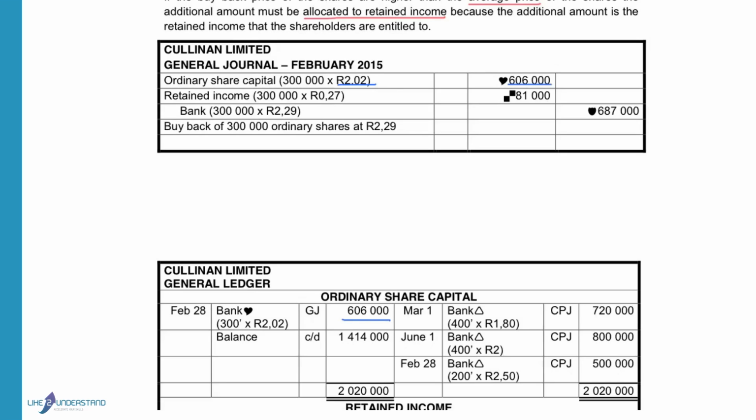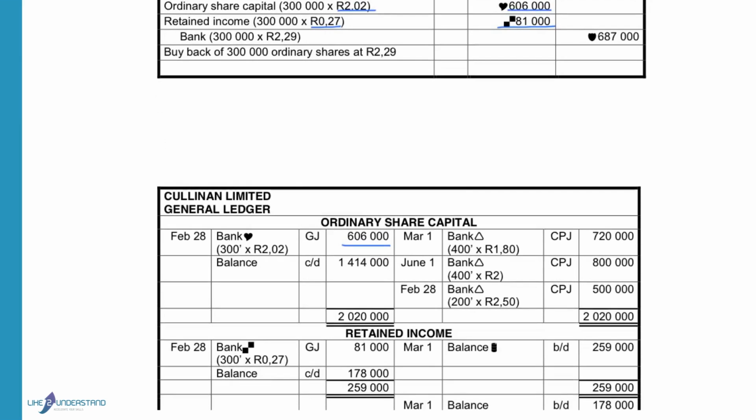Retained income, the amount that's paid back above the R2.02, so the difference between R2.29 and R2.02, will be covered out of retained income, and retained income will be debited, and we will show that the retained income decreases on the debit side by 81,000.